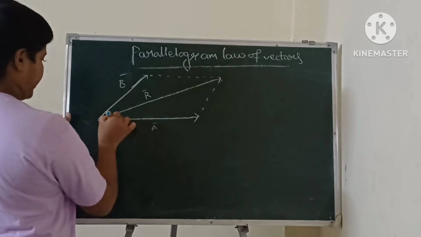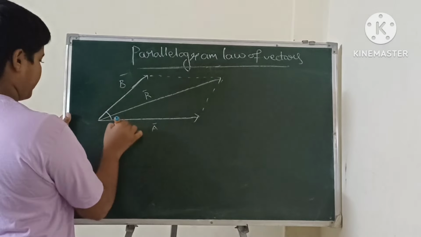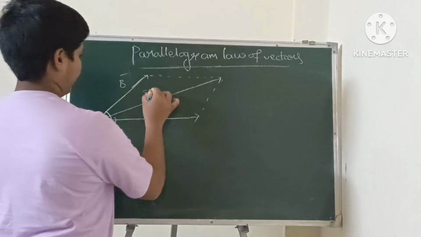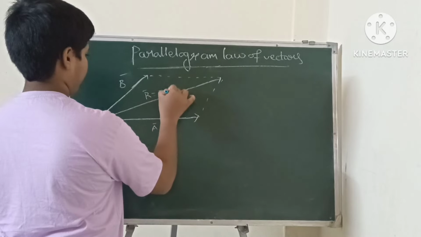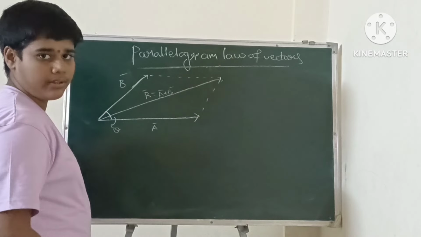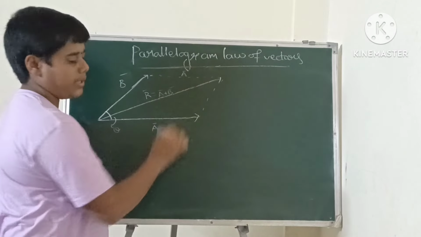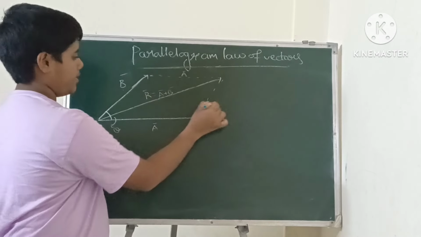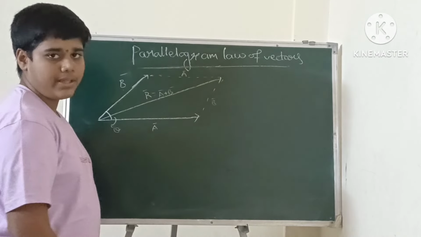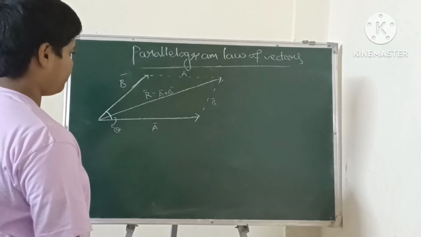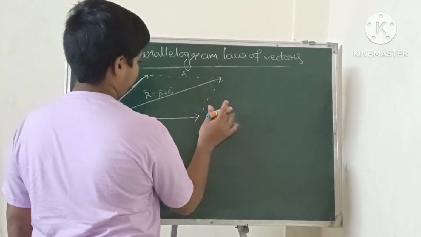I am taking this as angle theta and the resultant is A bar plus B bar. Here this is A bar, which means this is also A bar. Here this is B bar, which means this is also B bar.